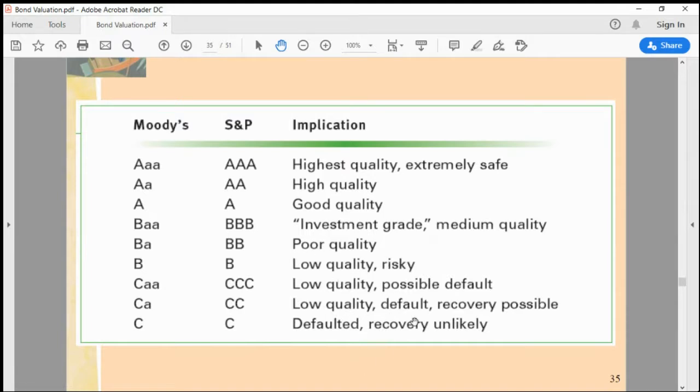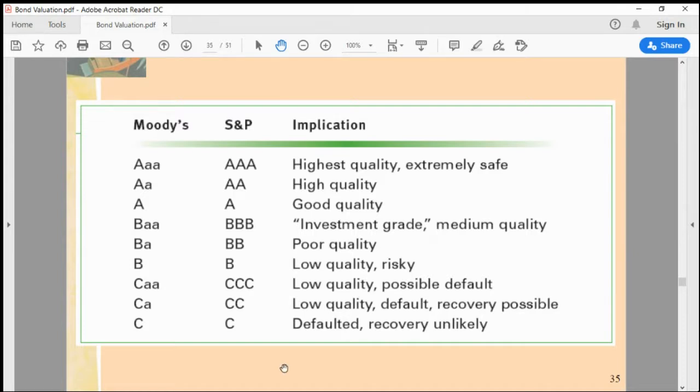And they are generally called junk bonds, right? These are called fallen angels, but overall, below triple B, generally called junk bonds. And I've been telling you, junk bond sounds very derogatory, right? But that doesn't necessarily mean they are bad.